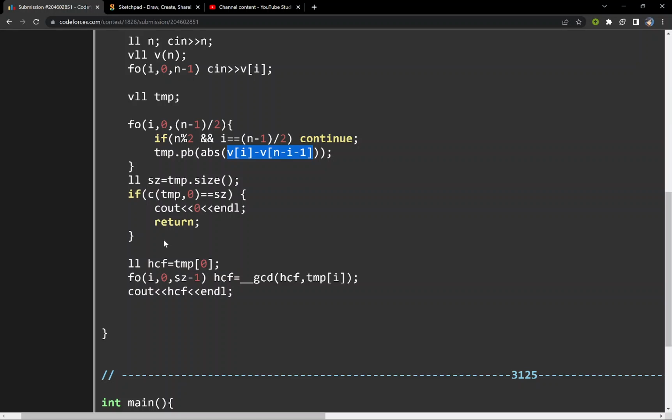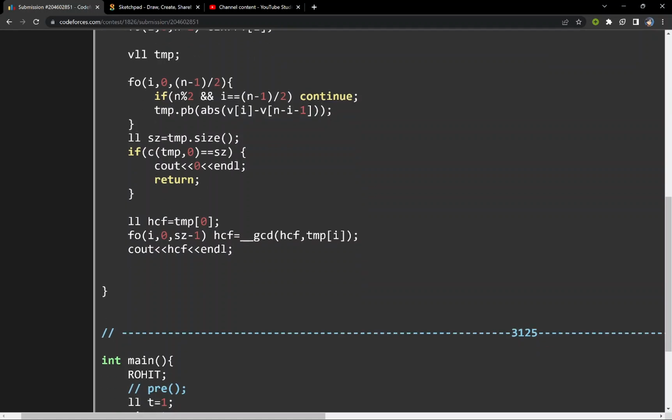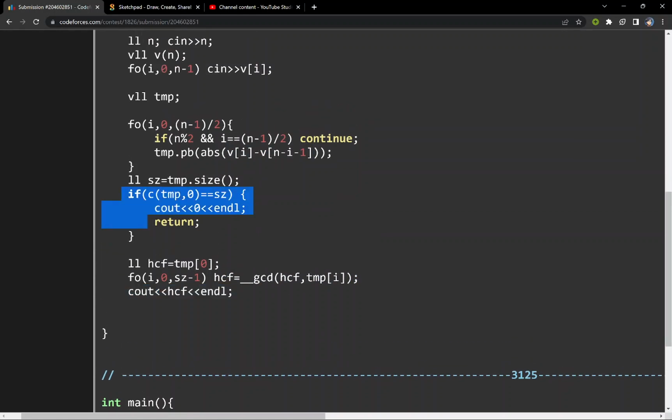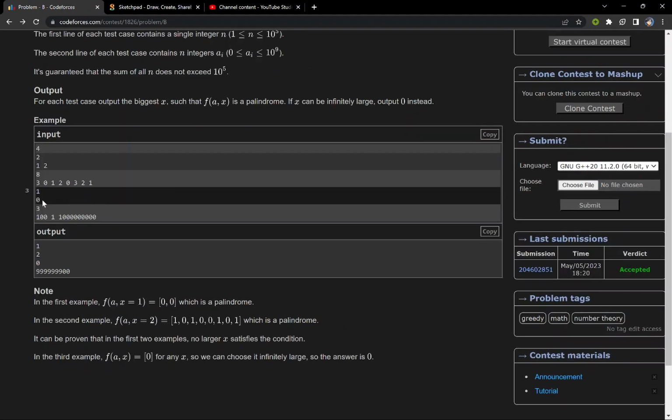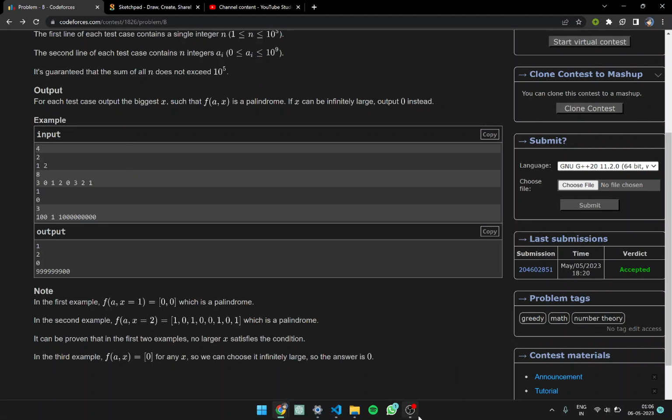After that I am finding the GCD of all the numbers and printing the GCD. Otherwise, if it is equal to 0, that is all the numbers are 0, I will print 0, because in the condition if the size of temp is 0, then it will give a wrong answer. So this was all about the solution of this problem.